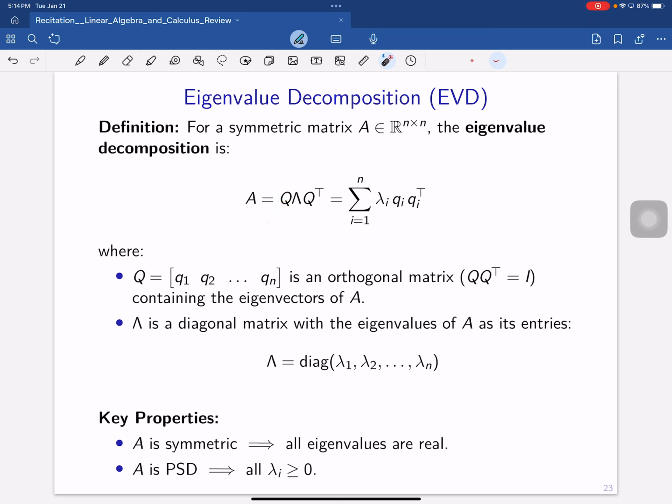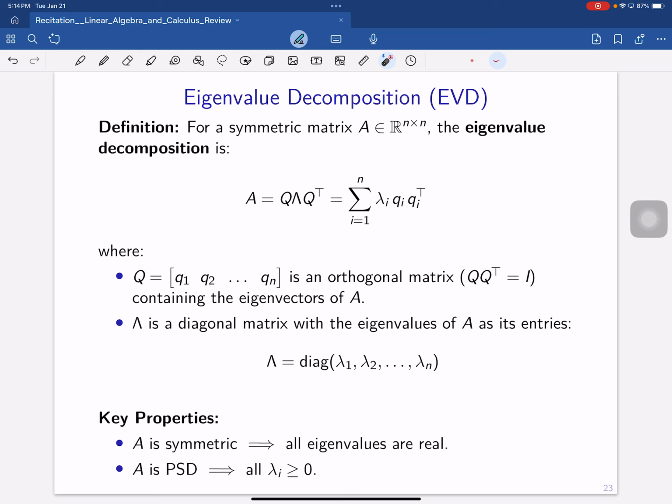Orthogonal means QQ transpose equals the identity matrix, meaning all the columns of Q are orthogonal to each other. That means if you multiply the same column, that equals 1. Otherwise, the inner product equals 0. Right? That means they are orthogonal. And this lambda matrix is a diagonal matrix with all the eigenvalues, right? And each of these columns of Q corresponds to an eigenvector.